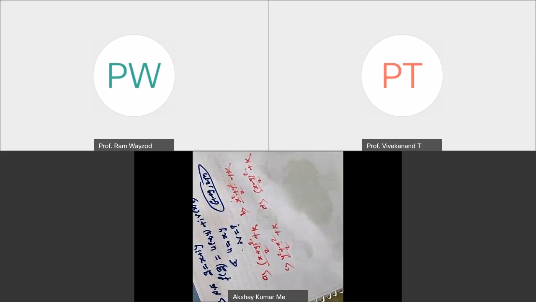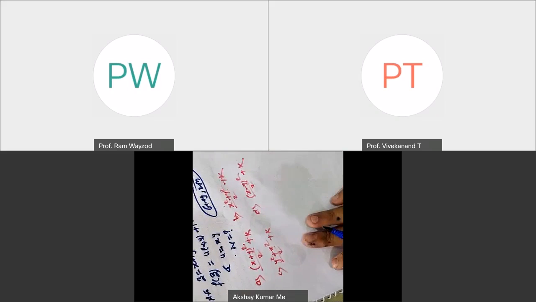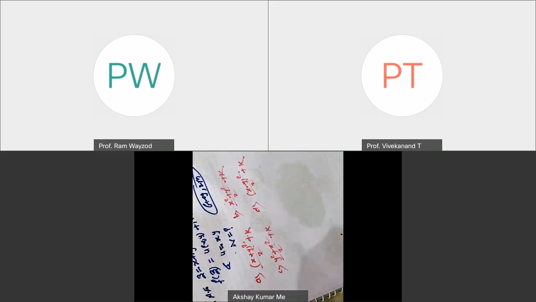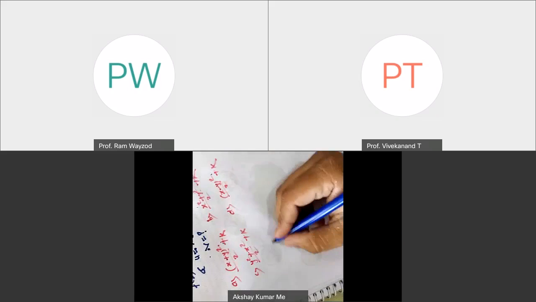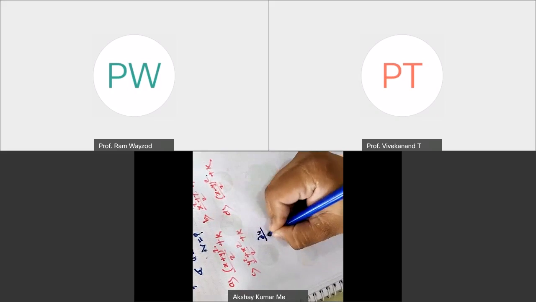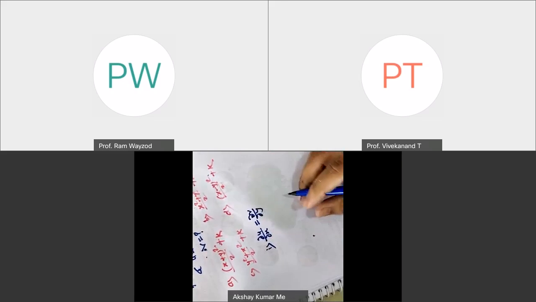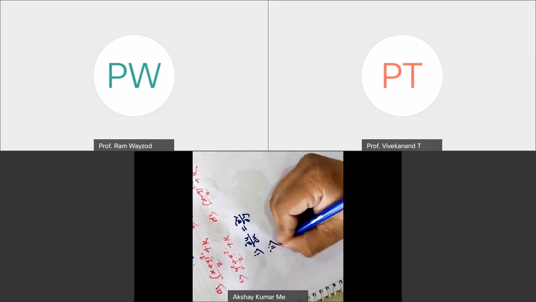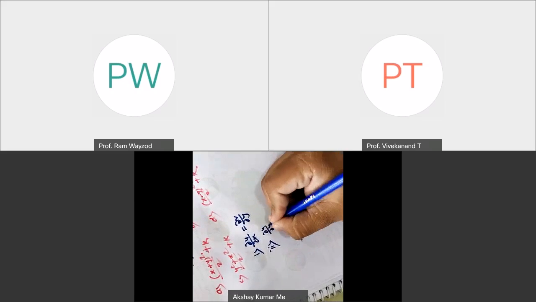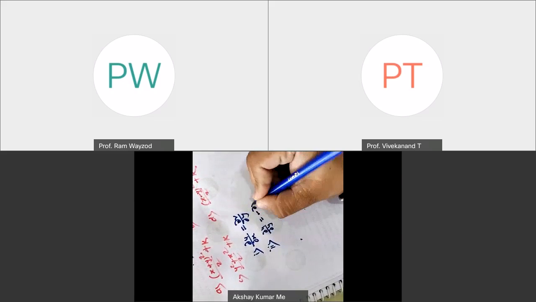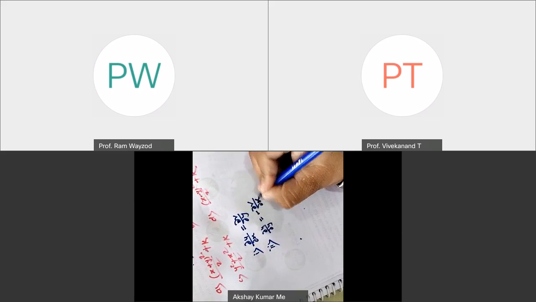So we know that for an analytic function we have del u by del x is equal to del v by del y. This is the first condition, and the second condition is del u by del y is equal to minus del v by del x.